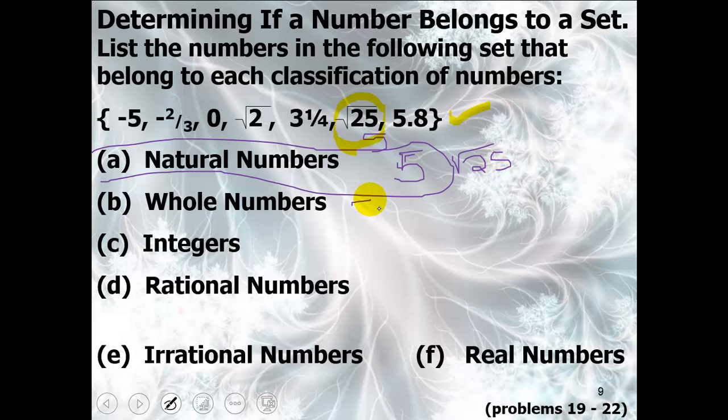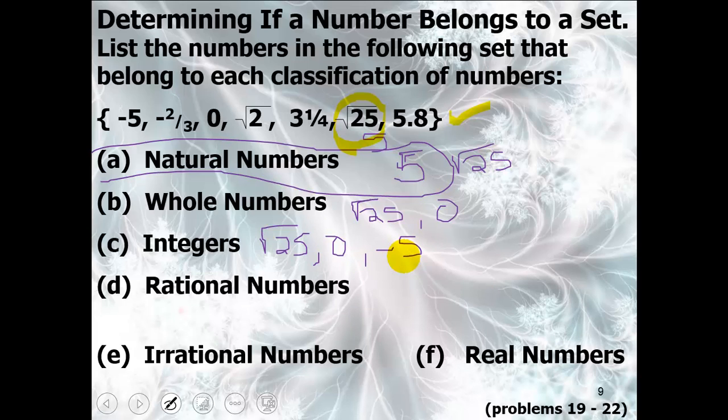I have the square root of 25 and 0. The integers are going to be all of the whole numbers. So I have the square root of 25 and 0, and then any negative or opposites. So then I have -5.